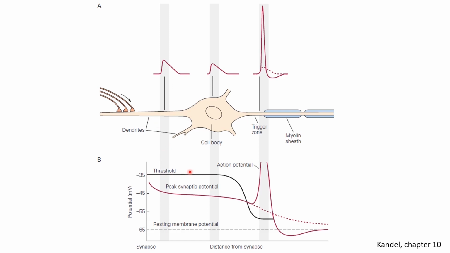So the threshold in the dendrites tends to be high, and then as we get closer to the axon hillock, the threshold drops suddenly. So even though we had a larger depolarization in the dendrites, this depolarization was not enough to cross the threshold. But when the depolarization reaches the axon hillock, there it might cross the threshold, and so we are able to generate action potentials in the axon hillock.